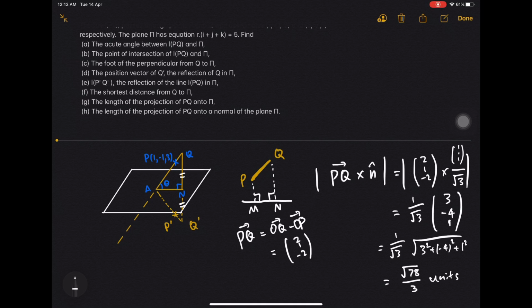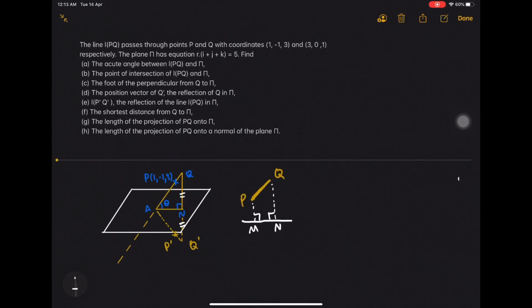Okay, so we're going to go on with the last question, to find the length of the projection of PQ onto the normal of the plane. We know that the normal of the plane is actually my QN.